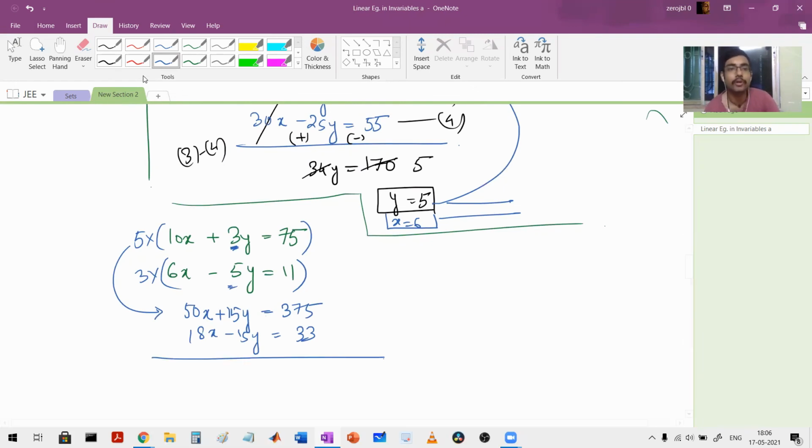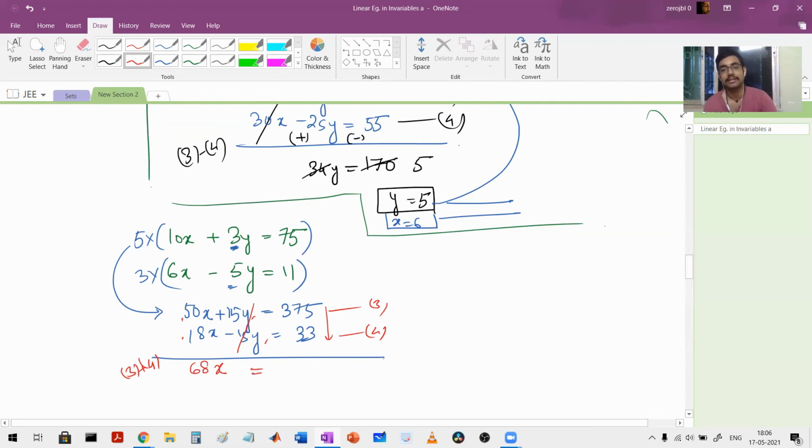Now what do you do? You don't subtract now. Now you simply add. Why? Because if you add, then only this will get eliminated. The y will get eliminated. So if you add this, what will you get? You will get 50 plus 18. So you'll be adding 3 plus 4. Let me give this 3 and this is 4. Now 50 plus 18 is 68x.